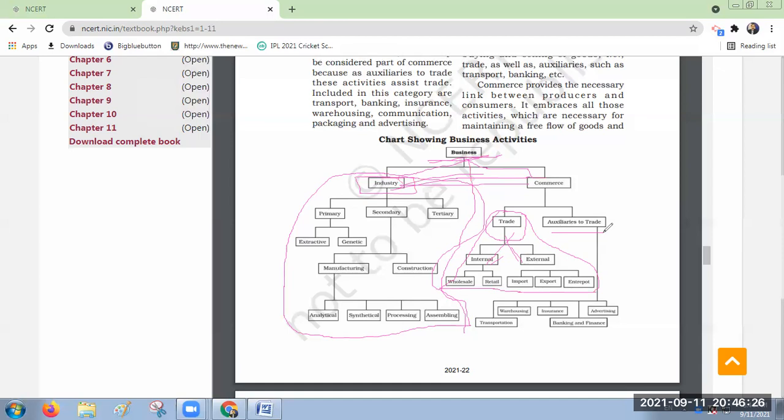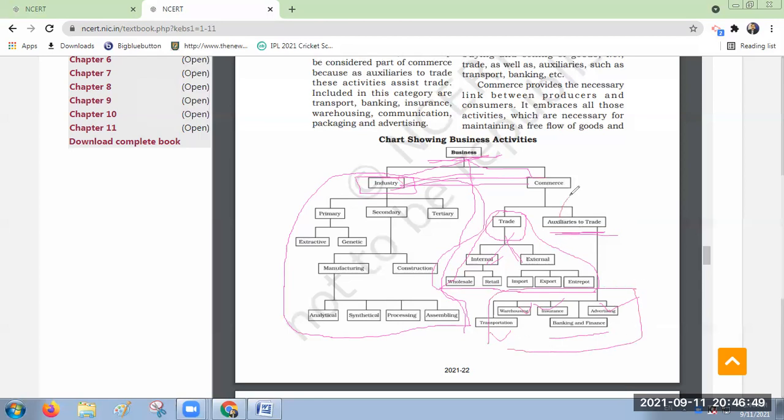Those items which help in purchasing and selling will come here: auxiliaries to trade. Auxiliaries to trade are those things which are of help in a trade. See, warehousing, transportation, insurance, advertising, banking and finance. These are auxiliaries to trade.